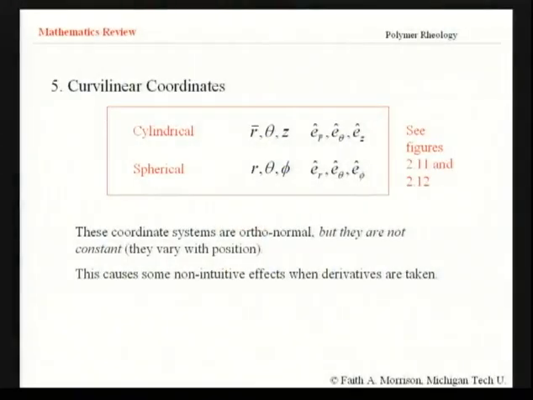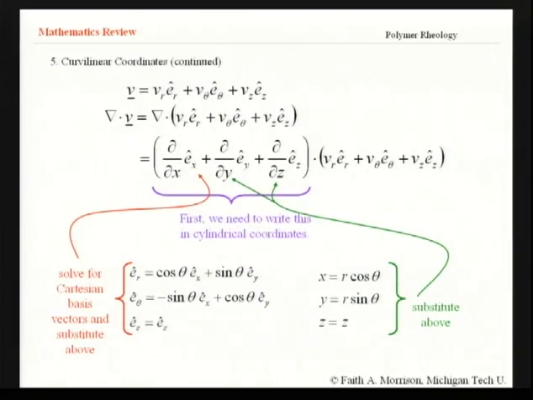Then I also went through cylindrical coordinates, r theta z, and spherical, r theta phi. These are pretty straightforward. These slides are a little busy, but the basic idea is to reinforce once again that when we do Einstein calculations, the unit vectors have to be Cartesian constants, because when we do it in, say, cylindrical coordinates, as I'm showing here, it's not easy anymore.